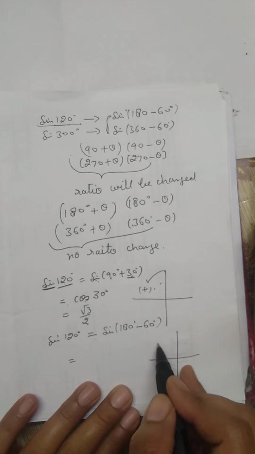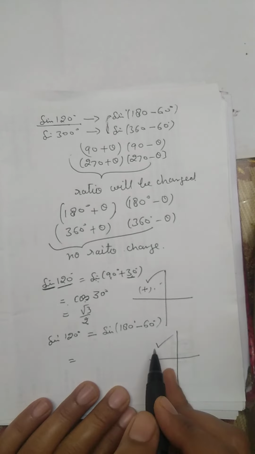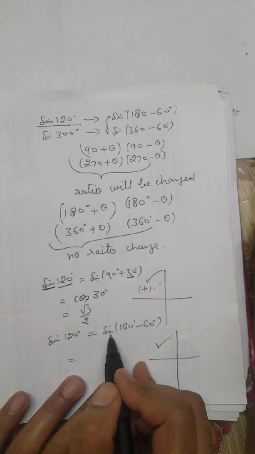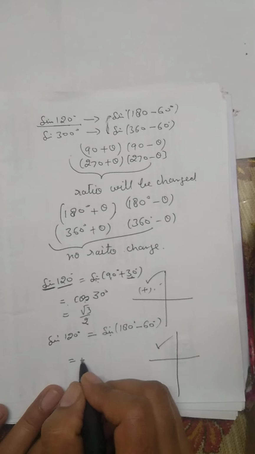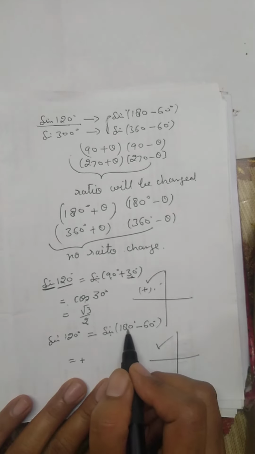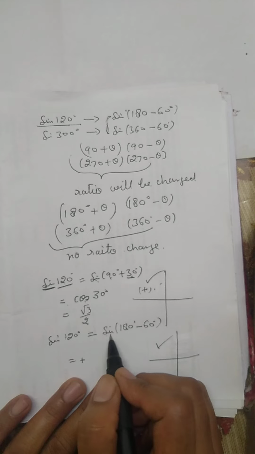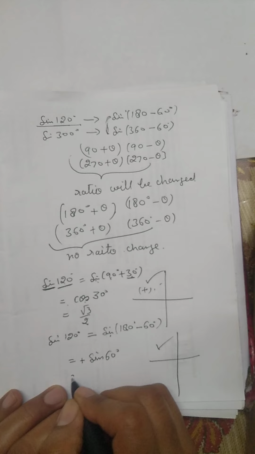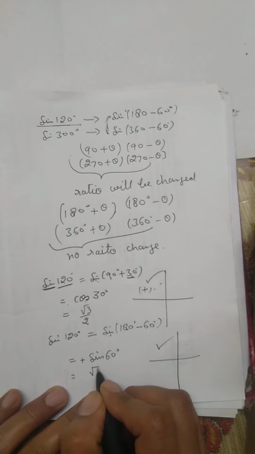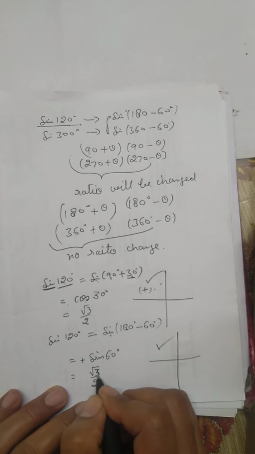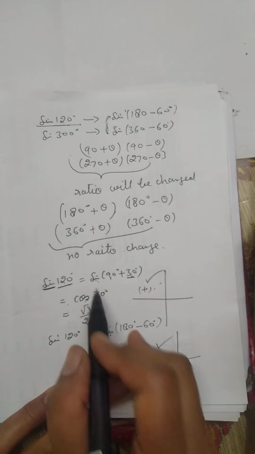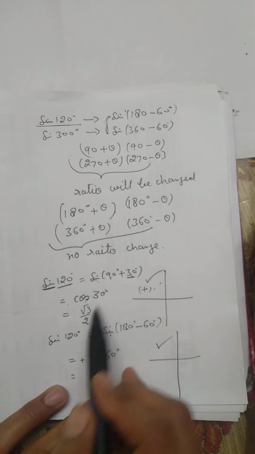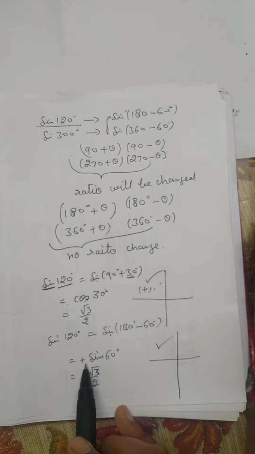So 120 degree is in the second quadrant, and in the second quadrant sine is positive, so sine will be positive. With 180 degree no ratio will be changed, so we will write it as sine 60 degree. And what is the value of sine 60? It is again root 3 by 2. So in both cases we have got the same answer, but the rules are different for both.